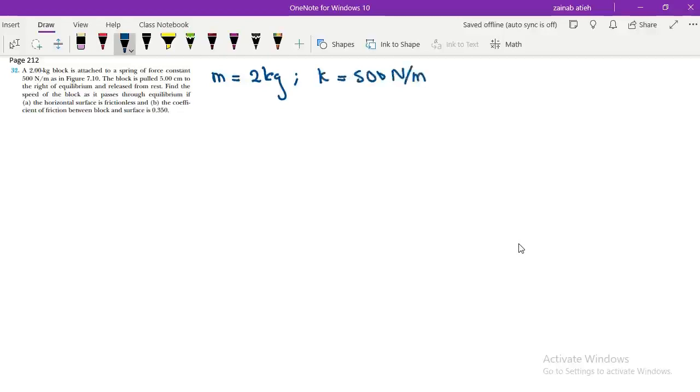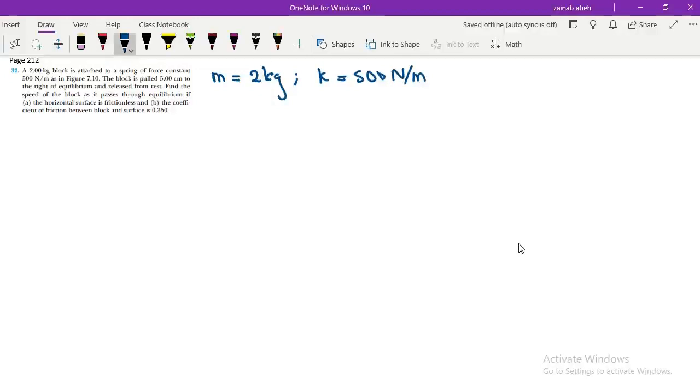As in figure 7.10, the block is pulled 5 cm to the right of equilibrium and released from rest. Find the speed of the block as it passes through equilibrium if the horizontal surface is frictionless and the coefficient of friction between block and surface is 0.35. No unit for sure for the coefficient of friction.